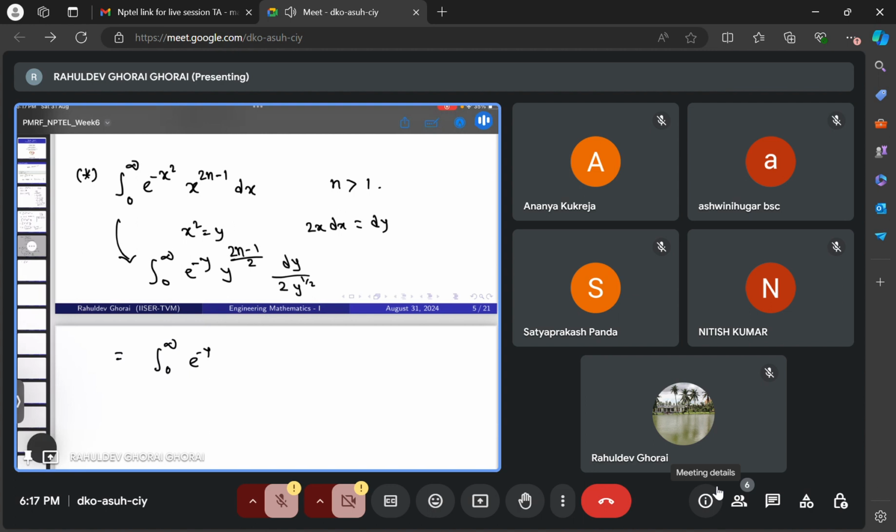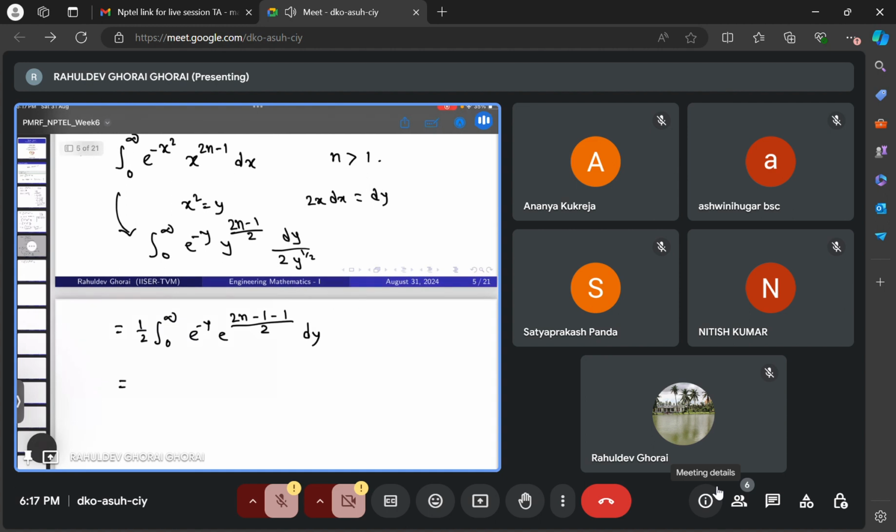So 1 by 2 will take out, and then 2n minus 1, again you have minus half, so it will be 2n minus 1 minus 1 by 2. So y to the power minus half I am taking out.